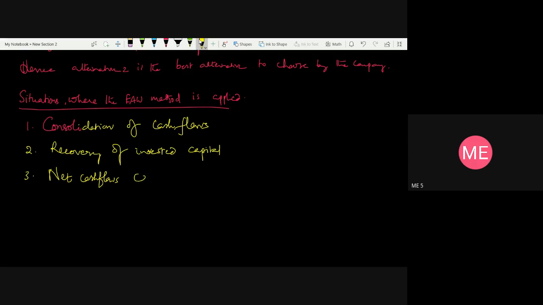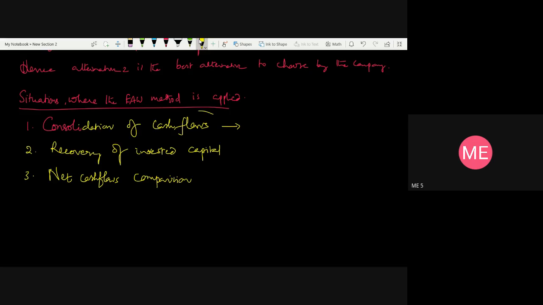So here, consolidation of cash flows means when you have different cash flows given in a particular company, and generally this may be for business alternatives, or a decisive query in the appraisal of proposals, and it is very difficult to analyze them collectively.